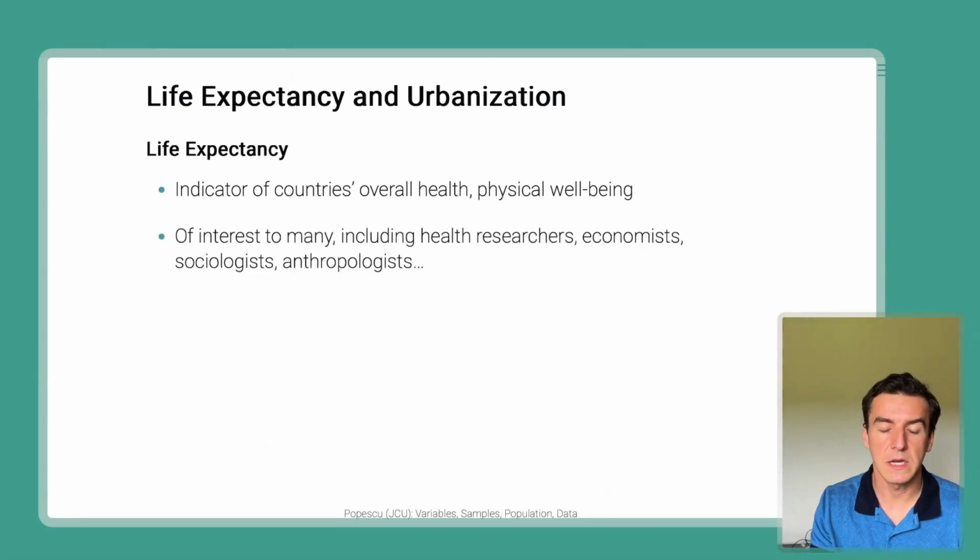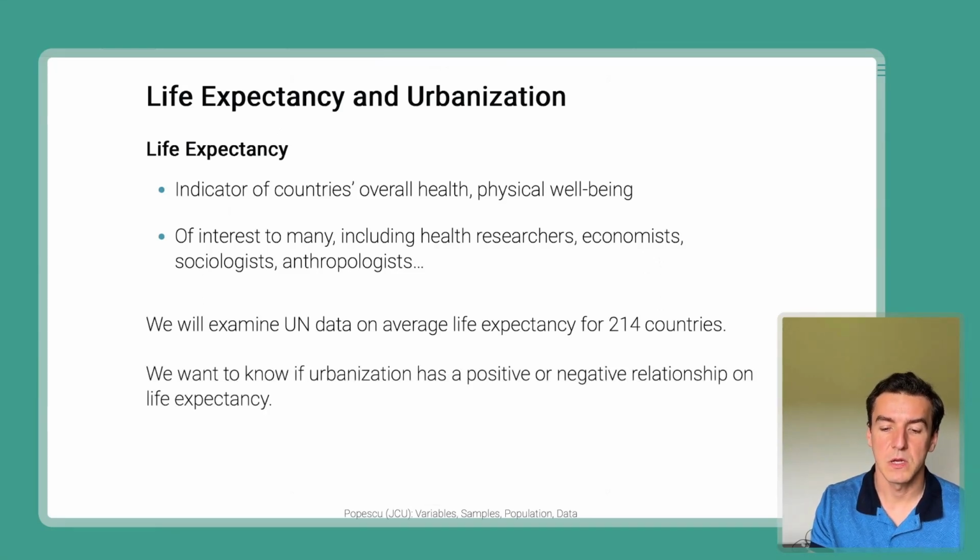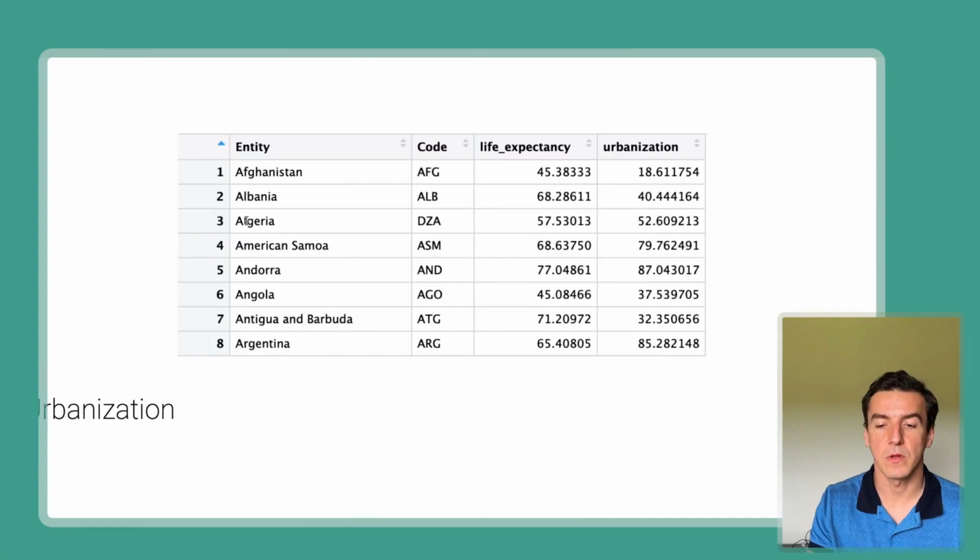So this is clearly of interest to a lot of economists and a lot of researchers. And this is data that's covered by the UN, covering almost 214 countries. So let's imagine we're interested in understanding the extent to which the level of urbanization is connected to life expectancy.